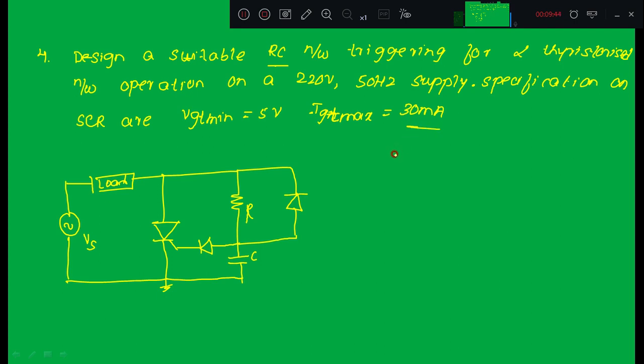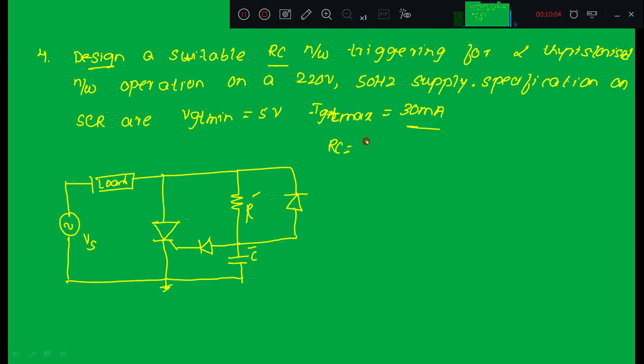Now here for RC triggering, we are supposed to design, which means we are supposed to find this R and C. Here they have told design. In the previous three problems they said find the firing angle. RC designing means finding R and C.